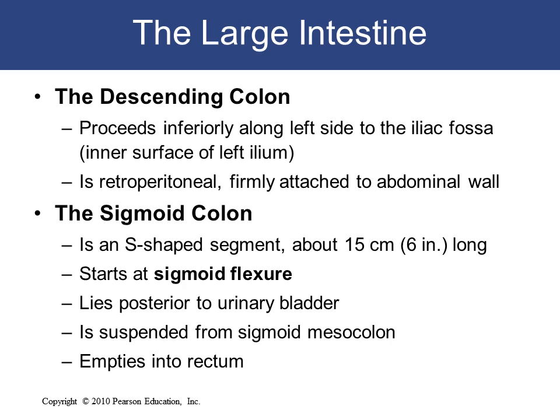And the last part of the colon is the sigmoid colon, which is an S-shaped segment about 15 to 40 centimeters in length. It starts at the sigmoid flexure, which links the descending colon and the rectum, and it extends from the iliac fossa to the sacral 3 segment, where it joins the rectum.